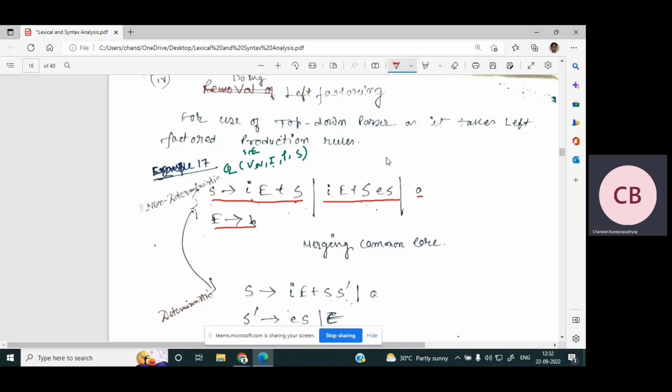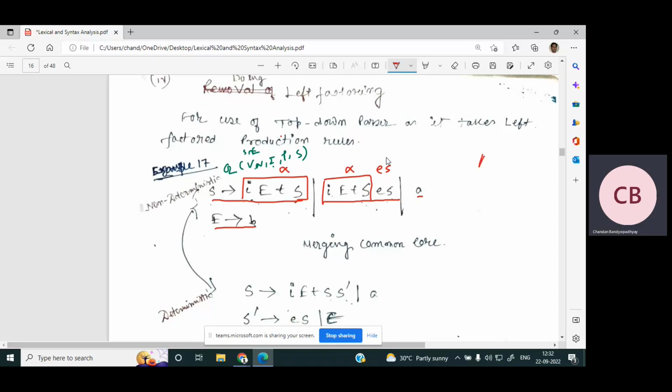Now you see this fragment, capital iEtS, up to here, both are the same. If I am assuming this as an alpha, that means this is alpha eS, correct? So if a grammar contains the same preliminary part, then the parser cannot process that grammar.